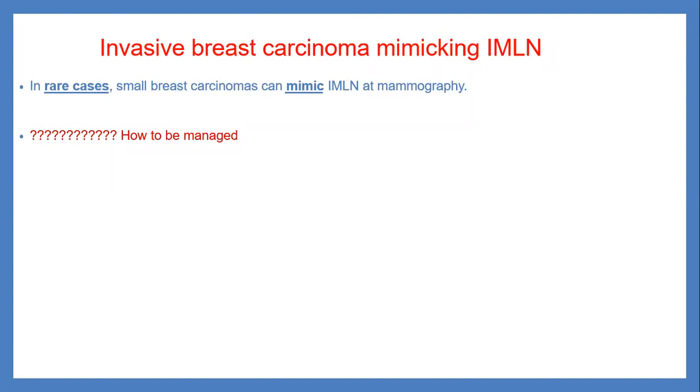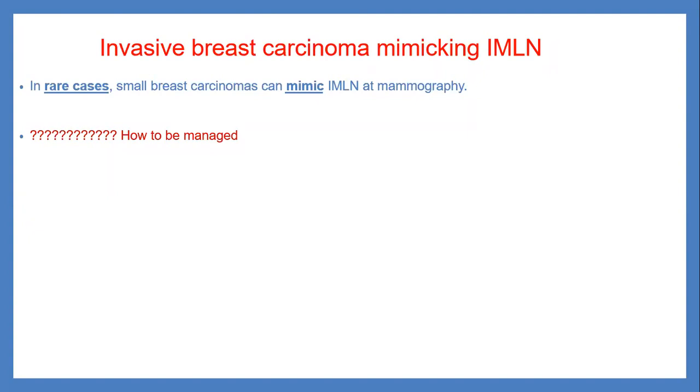Yes, I will do other imaging like ultrasound. Before doing other imaging, a spot magnification view, and you compare it with the previous to see if that nodule was there or is a new one. Yes, in this case, they compared and found it to be new.